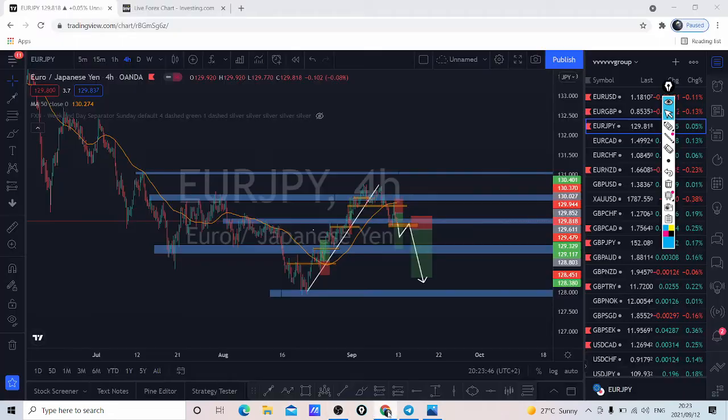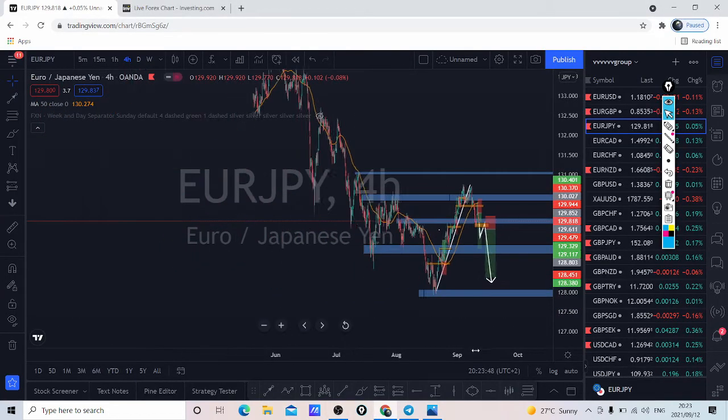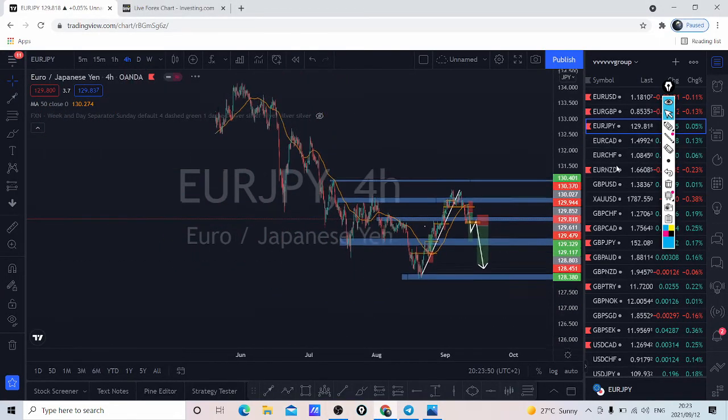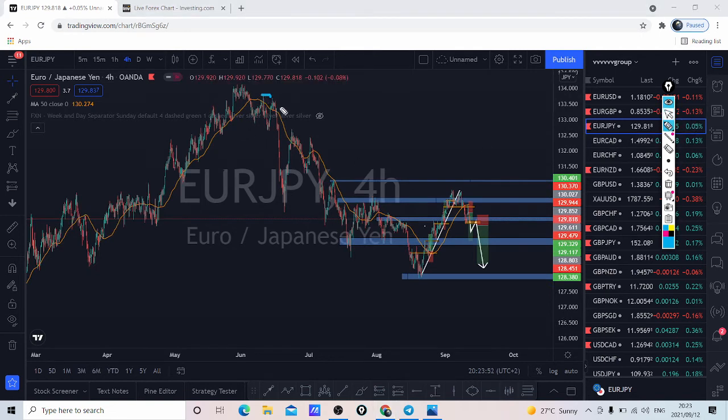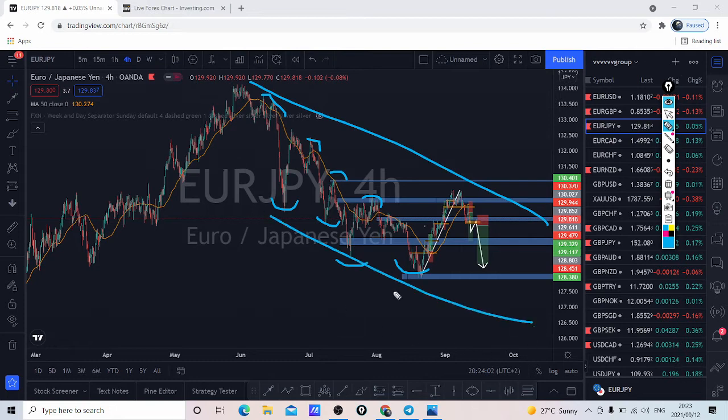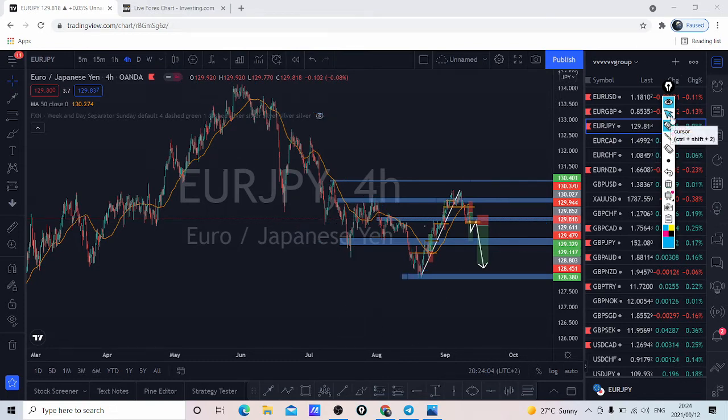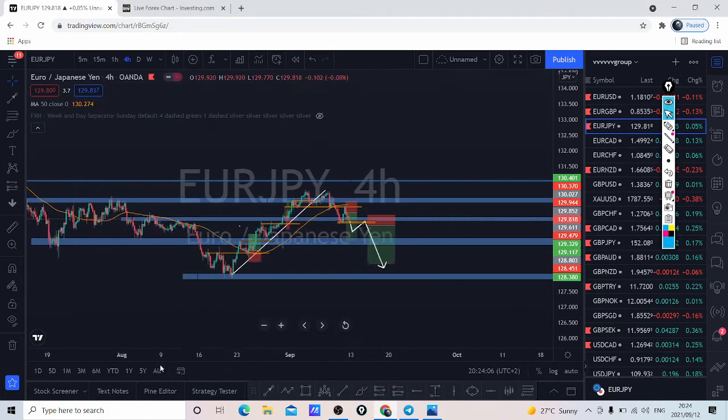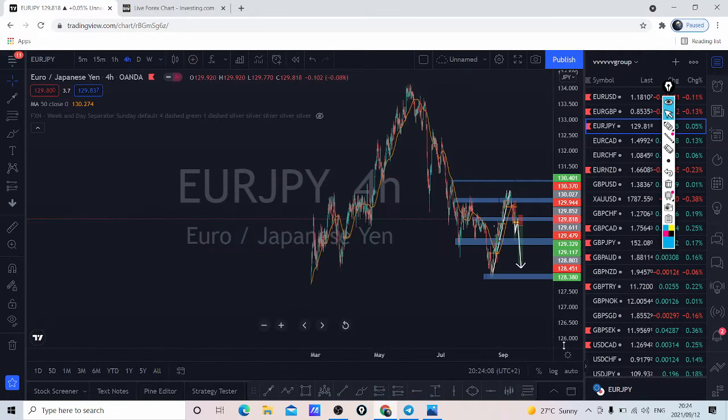Okay, let's go back. On the daily time frame trend, the market has been selling, lower lows, lower highs, lower lows, lower highs. The market is clearly bearish there. So that's a good sign for us to hold our trade for a sell.